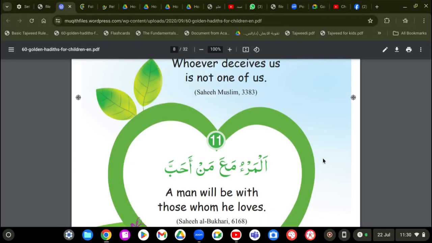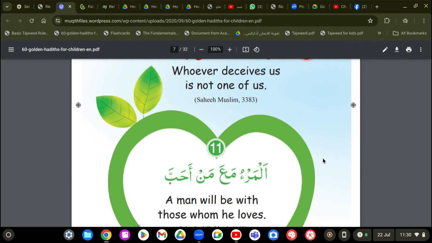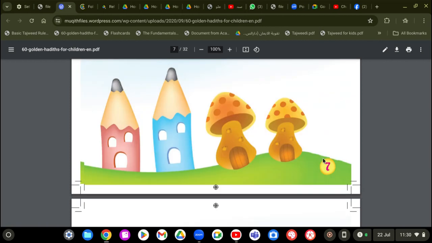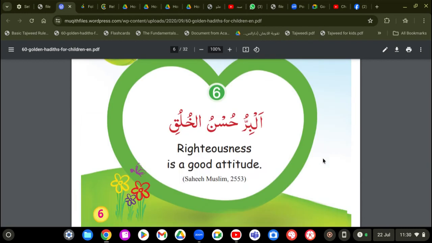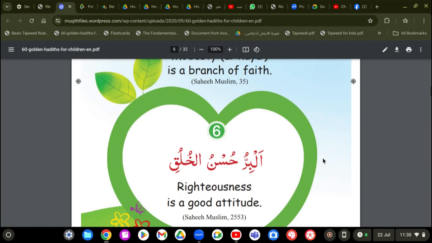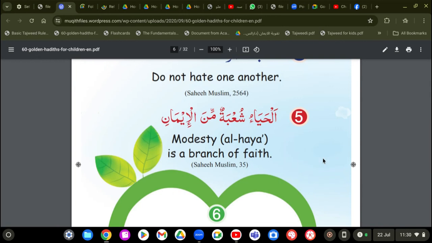Branch of faith. Nice, good. Al-Haya is a branch of faith. Modesty, al-haya. Modesty is a branch of faith.